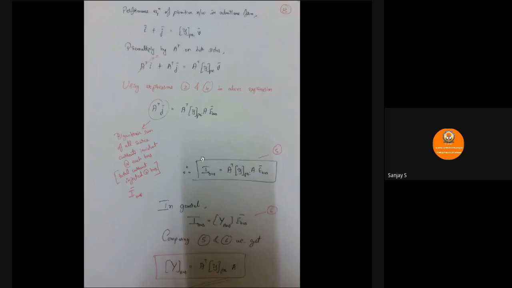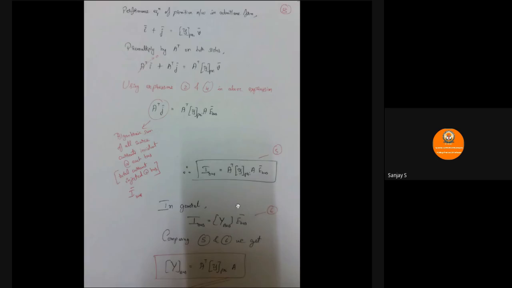So we'll be using the same here. A transpose I becomes 0. So you will be left with A transpose J is equal to A transpose Y primitive into V. In place of V, I'll be writing A into E bus that we had seen here. V is equal to A into E bus, equation 4. So our equation now becomes A transpose J is equal to A transpose into Y primitive into A into E bus.